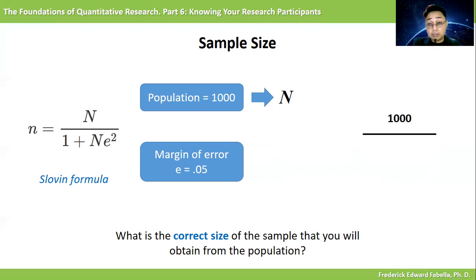So let's place 1,000 there, and 1 plus 1,000 times 0.05 squared, according to the formula. And when you calculate this, you have 286. So that is your correct sample size for a population of 1,000.